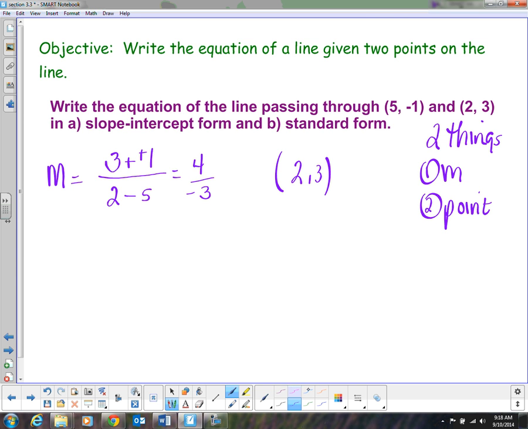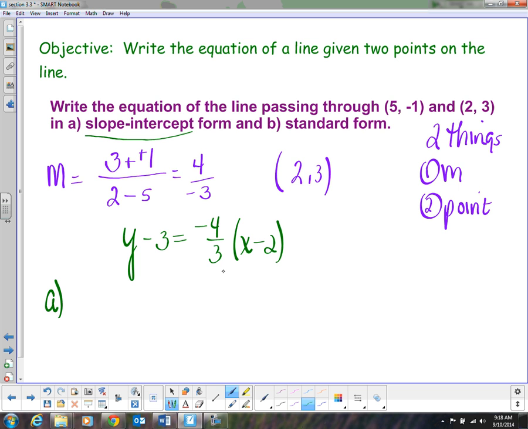So now we're going to write the point slope form first. So we say y minus the y value is equal to our slope times x minus the x value. Now we're ready to go to part A. If I want slope-intercept, what do we have to do? We have to solve for y. Amanda, you solve it for what?